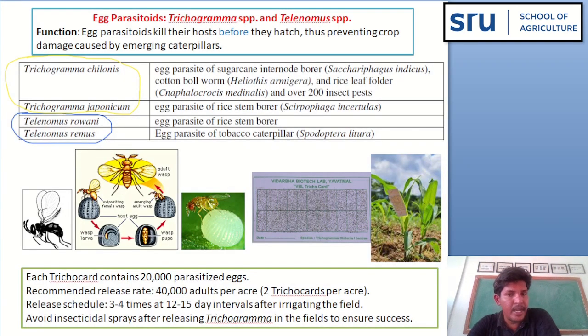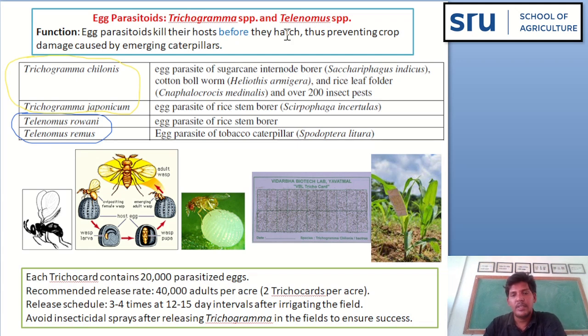Egg parasitoids are Trichogramma chilonis, Trichogramma japonicum, Telenomus remus. Egg parasitoids attack eggs and destroy them. An egg parasitoid kills its host before they hatch.